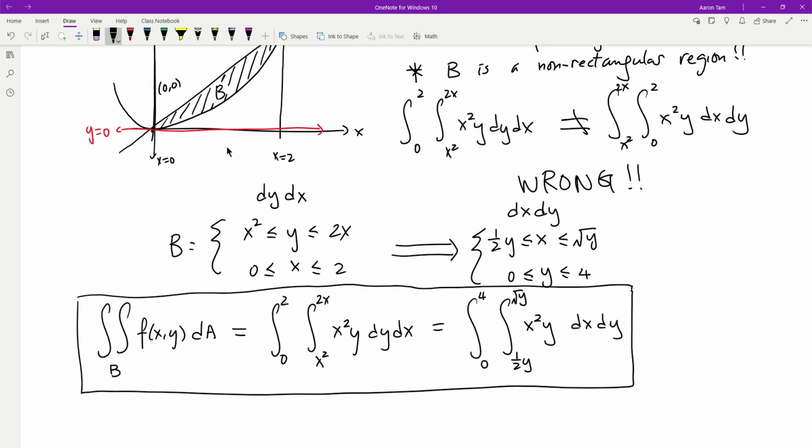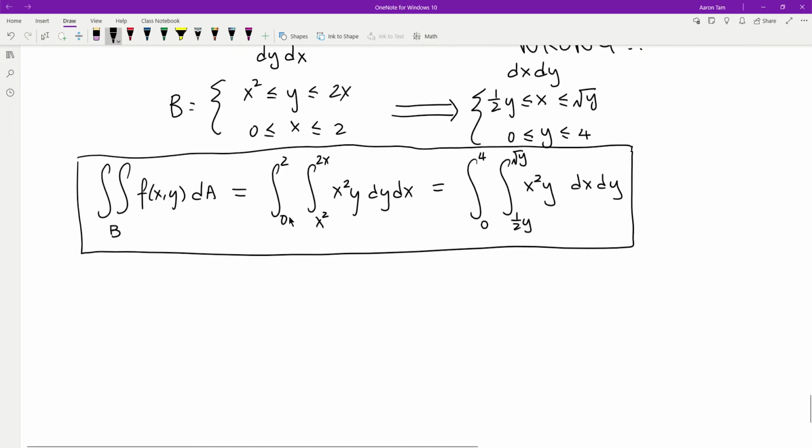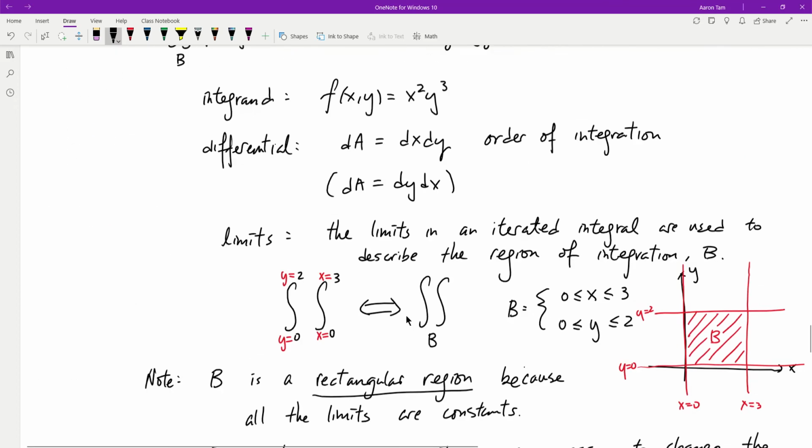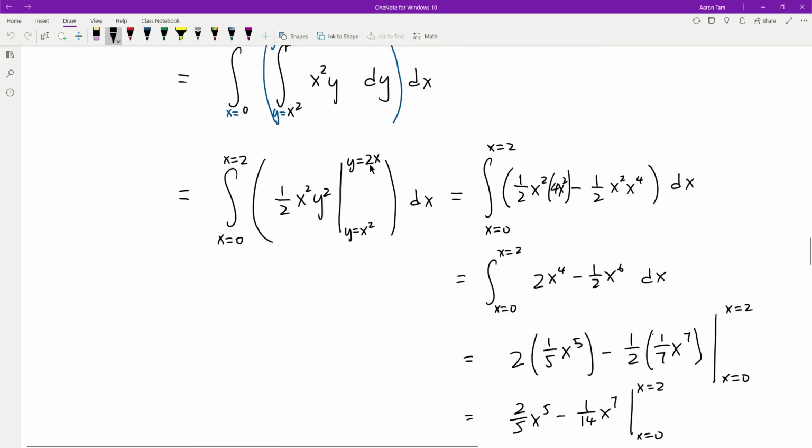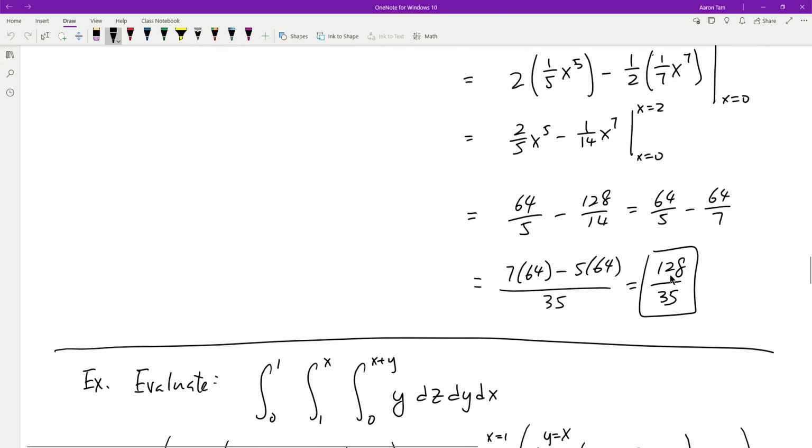So I don't know. Now, since I have about 3 minutes, I'm going to actually evaluate this integral right here to show you that this evaluation should give us the same answer as we did before. Hopefully. Okay, I do remember when I did that in the last video, I actually made a mistake. I forgot the 2 in front of the 2x, and I believe I fixed it and have the right answer.